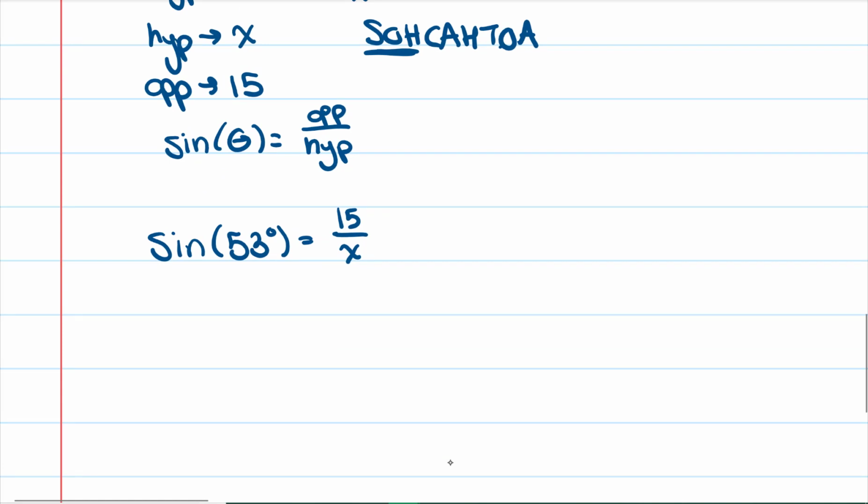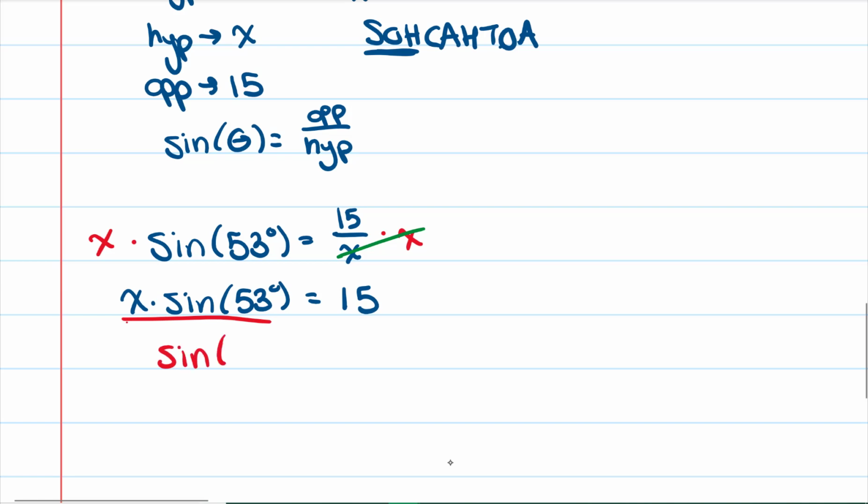So now to solve this, you have to do one extra step. I have to multiply both sides by x to get rid of the denominator. So I get x times sine of 53 is 15. And you can actually put sine 53 into a calculator now, but I'm just going to leave it like that, and I'm going to divide both sides by it. Sine of 53.